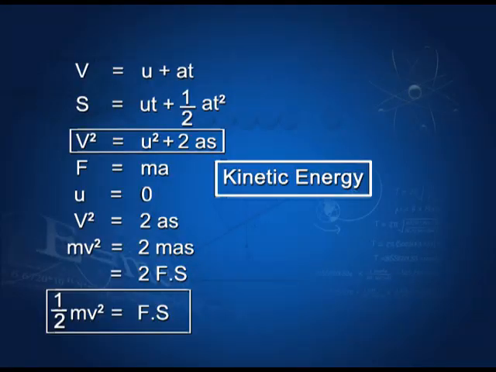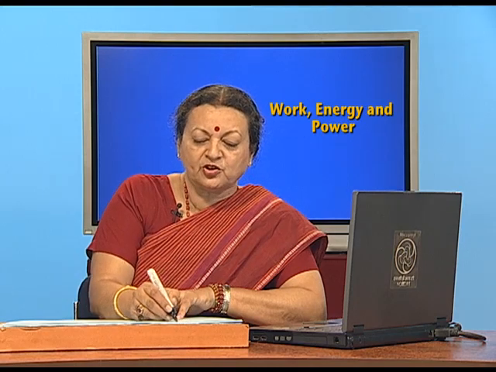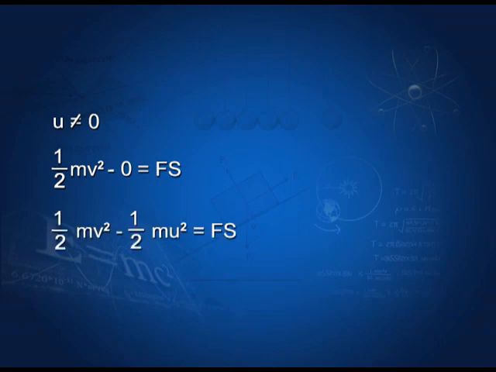Now, how does this help us connecting it to work? So, work done is equal to the kinetic energy that the body possessed. But supposing u was not equal to 0. So, this equation that we wrote, half m v square minus 0 equal to F s, would now be half m v square minus half m u square, which would be my work done.